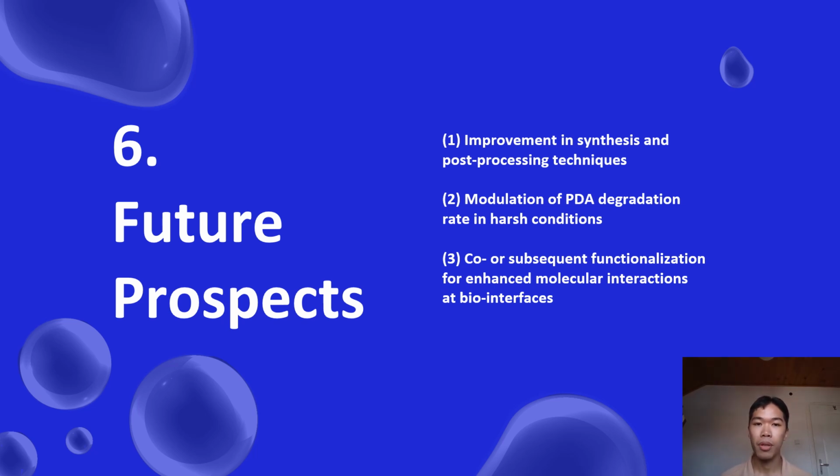In line with the progress observed in polydopamine research, the next phases of this muscle-inspired approach to tissue engineering can be reckoned on the refinement of synthesis and post-processing techniques, which will attest to the stability, reproducibility, and scalability of applications. Irrefutably, novel methods to modulate the rate of PDA degradation in vitro and in vivo are also crucial.